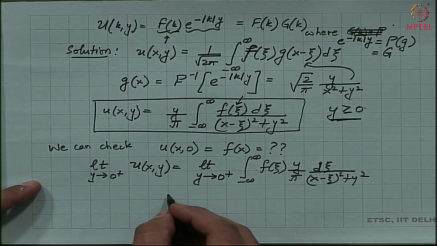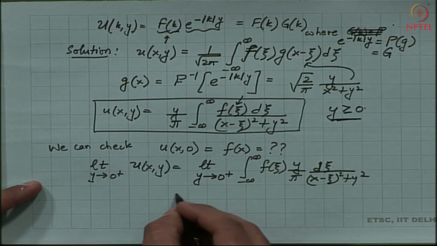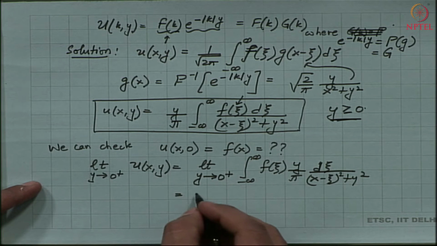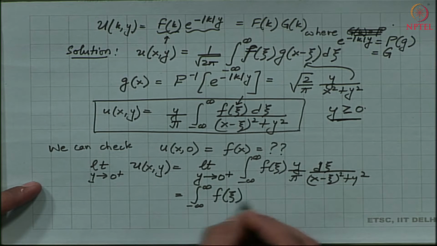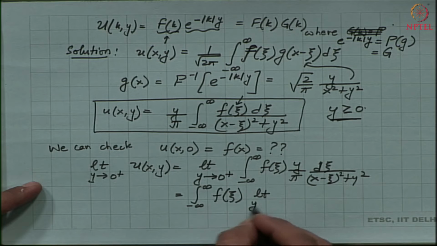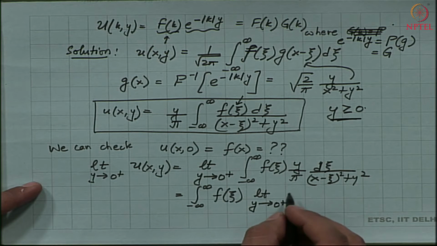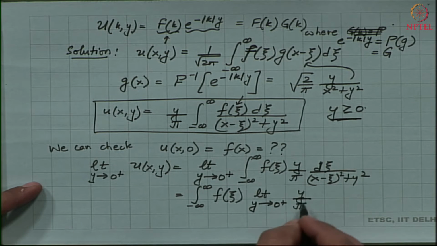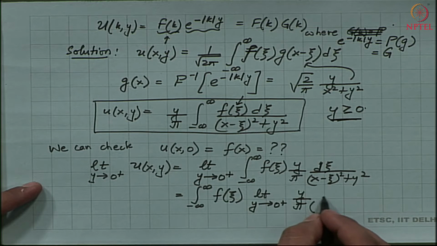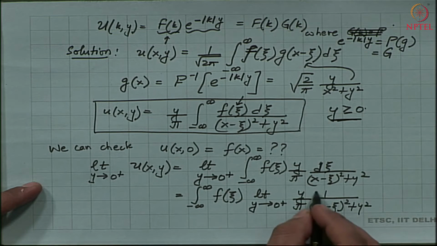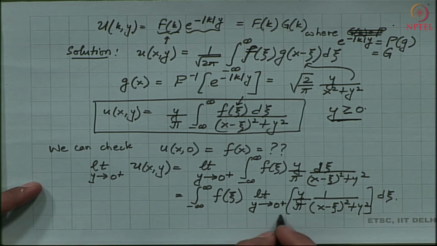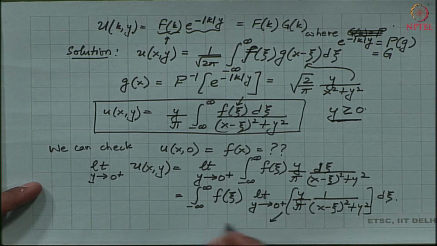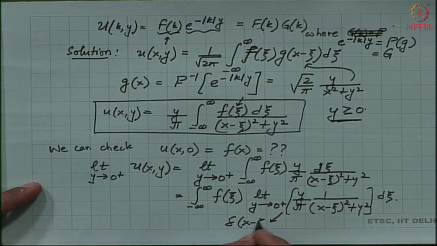Okay. So, if I were to take this limit, let me just rewrite this integral. So, this becomes integral f of zeta, limit y going to 0 plus, y by pi times 1 by x minus zeta square plus y square, d zeta. Now, it can be seen that this is also the delta function delta of x minus zeta.